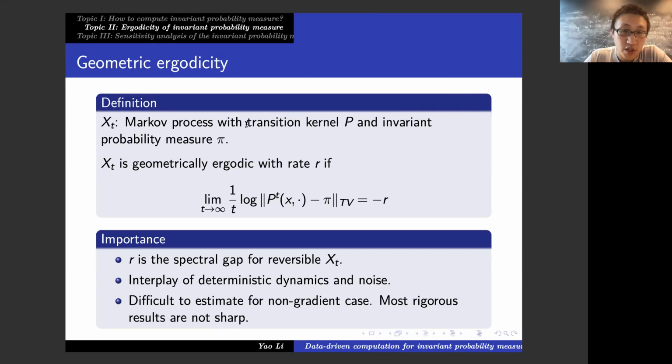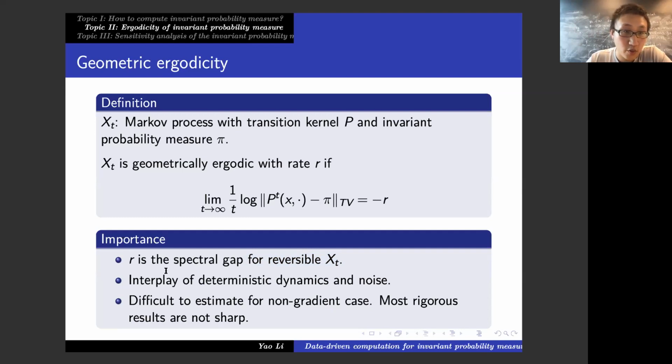So again, we assume that it's a Markov process, and we have a transition kernel and an invariant density, and we say that this Xt is geometrically ergodic with rate r if we have this exponential rate of convergence. Here we do not see anything about the eigenvalue spectrum, because usually the spectrum only makes sense if Xt is reversible. If it's reversible, you can talk about L2(pi).